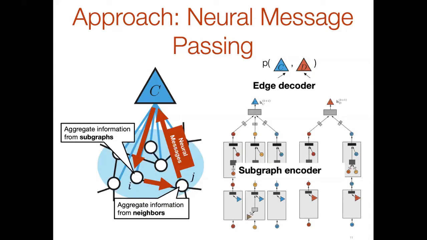Intuitively, the way you can think of it is that we think of every drug subgraph and every disease subgraph, here this blue example would be drug C, as a kind of super virtual node or virtual object that is able to propagate messages, those neural messages, from that virtual object representing the drug to the underlying protein interaction network, so to the proteins that the drug binds to, but then those messages are also shared and propagated within the PPI network, and then eventually aggregated and sent back to the drug node.